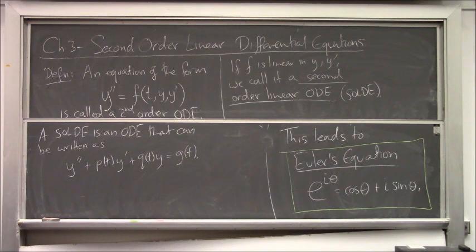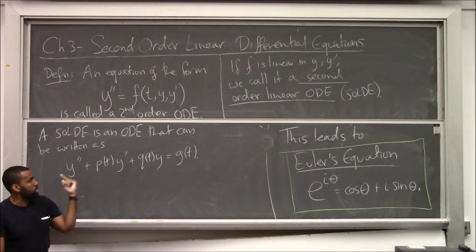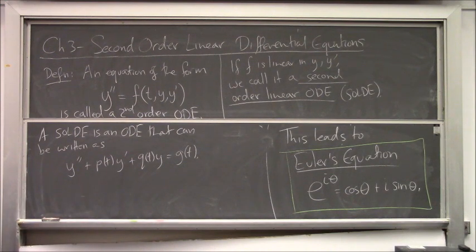That is a second order linear differential equation. That means you solve for your y double prime, you get a linear function of the y's and the y prime on the other side.